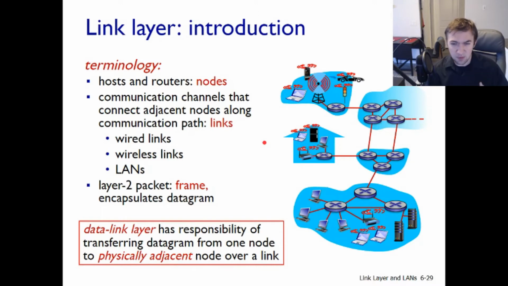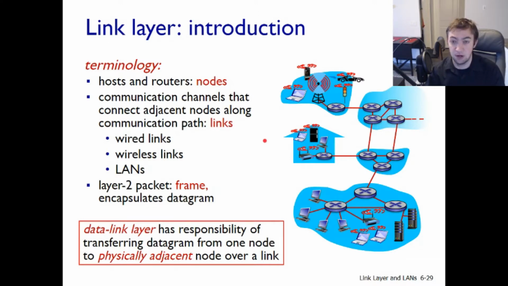Now you may see the term data link layer, and wonder, well, what's the difference between that and the link layer? Depending on the model of layers that you're looking at, whether it's OSI or TCP/IP, some of these refer to the second level as the link layer, some refer to it as the data link layer. When we talk about the data link layer, we're really just talking about the responsibility of transferring datagrams from one node to a physically adjacent node over the link.